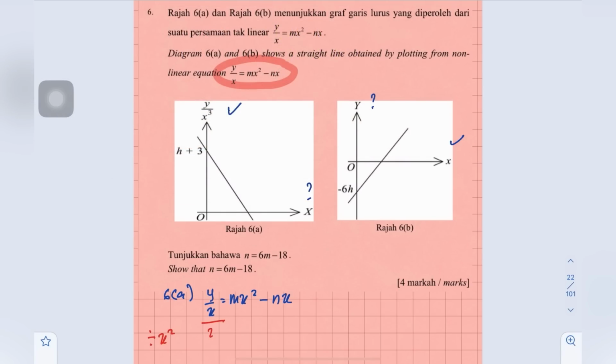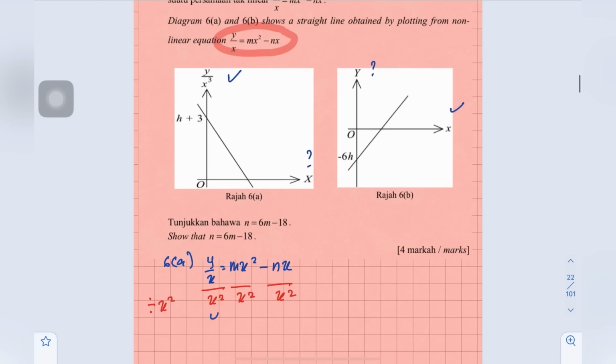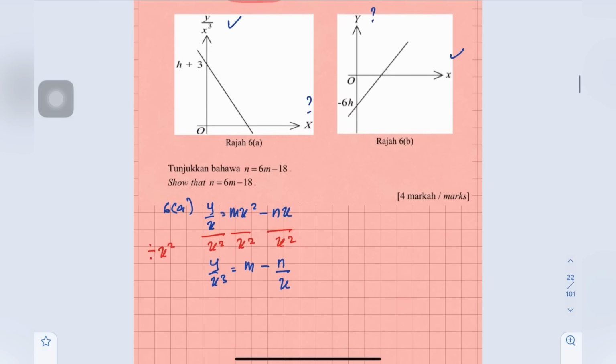Here we get y over x cubed equals m minus n over x. Then we rearrange to Y equals mX plus c: y over x cubed equals negative n times 1 over x plus m.